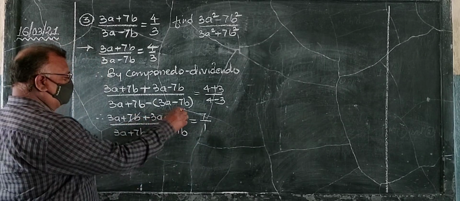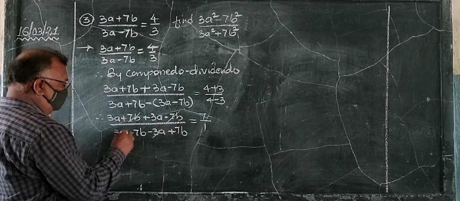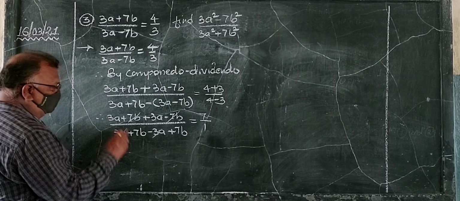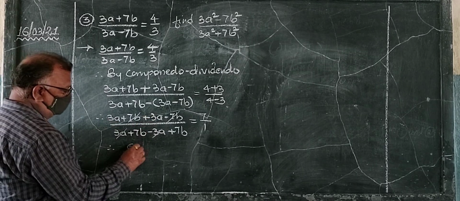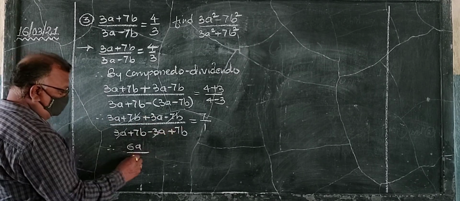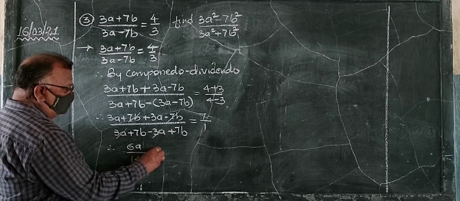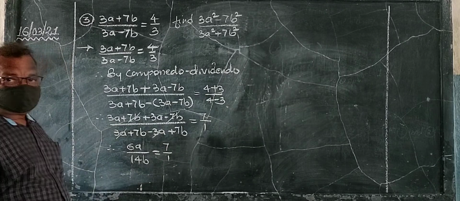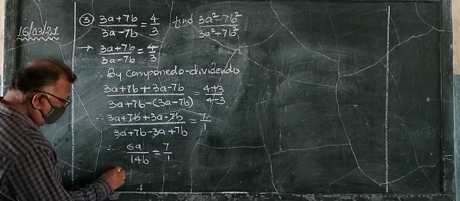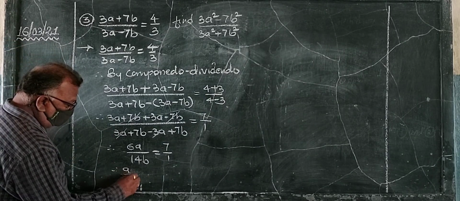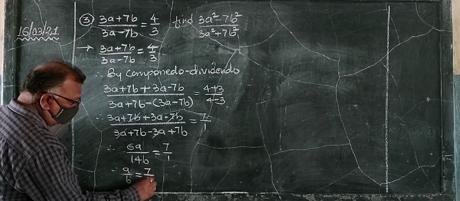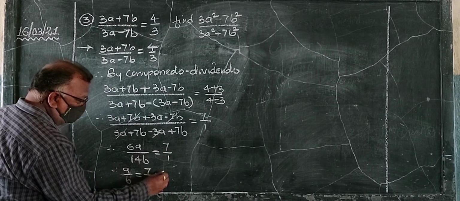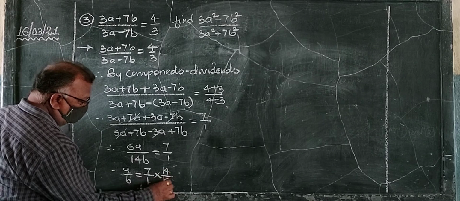Minus 7b and plus 7b cancel, minus 3a and plus 3a get cancelled, and 3a plus 3a is 6a, 7b plus 7b is 14b, and that is equal to 7/1.